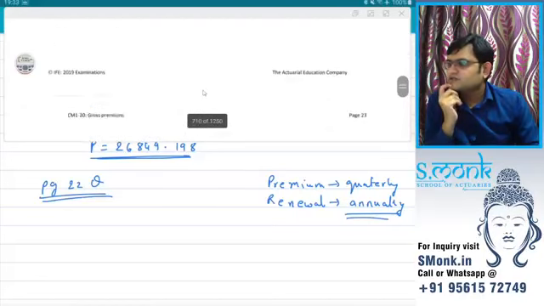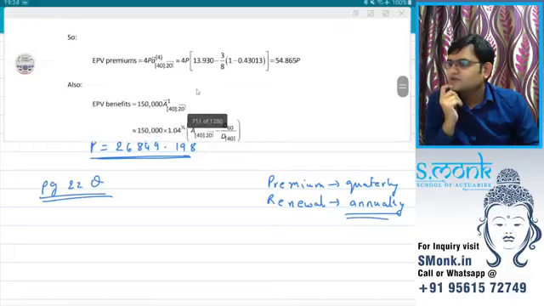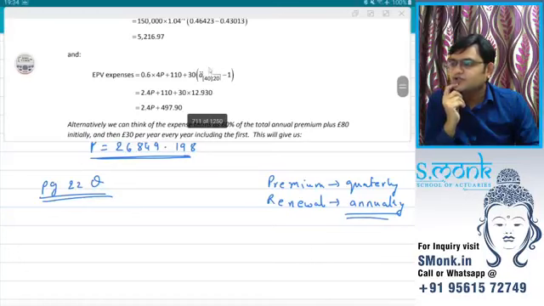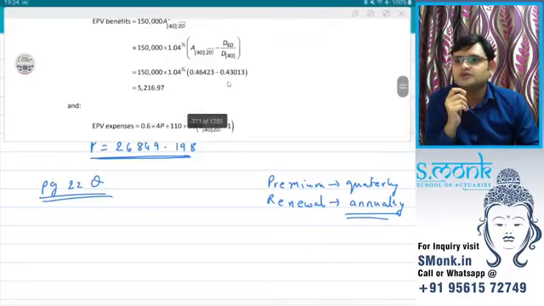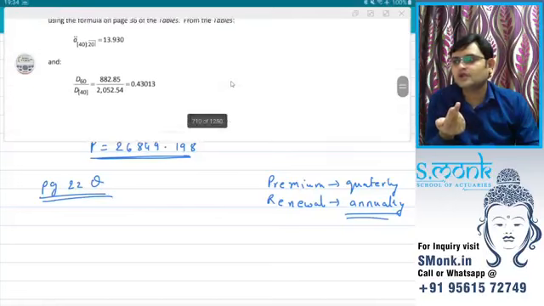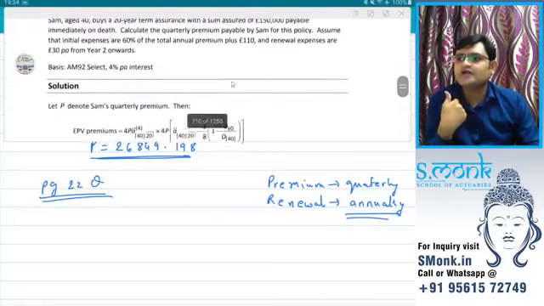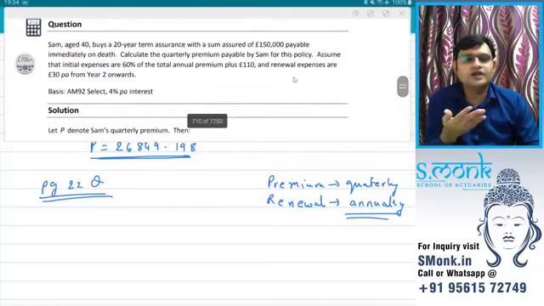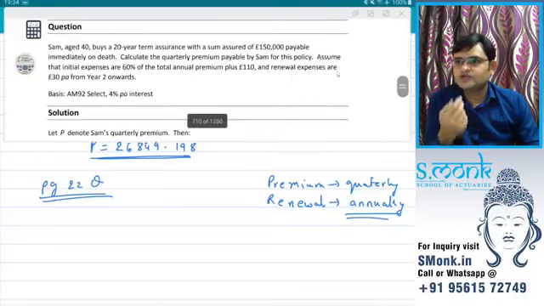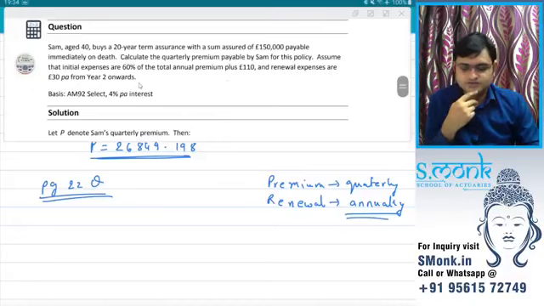Where are the expenses calculated? Premium benefit expenses. Yes, you can see here they have not taken payable whatever times. So renewal expense is annual, because they did not write how many times we are supposed to be paying, or that renewal expenses will be every time the premium is paid. They said renewal expenses are 30 per annum from year 2 onwards.